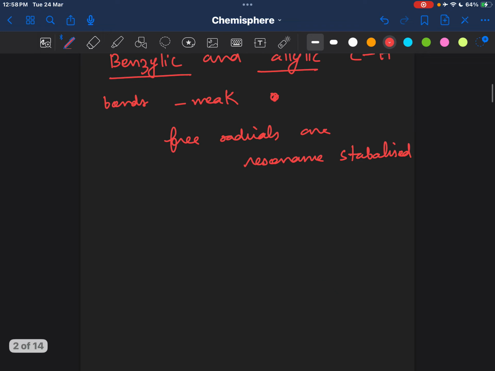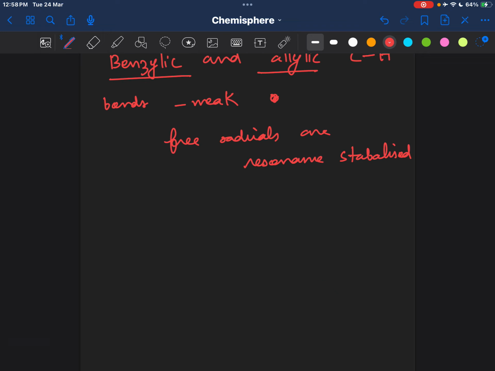Okay, so I'll give you an example. For example, let's say we have this. So we created an allylic free radical. This guy is resonance stabilized. How? This can form a double bond here, and this double bond can break, and this can form a free radical there.